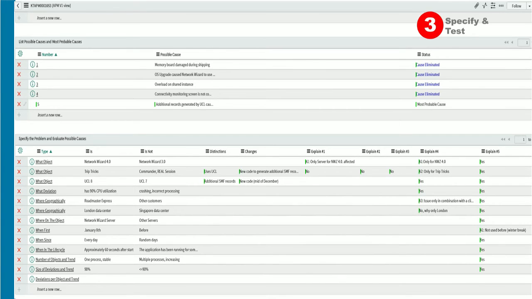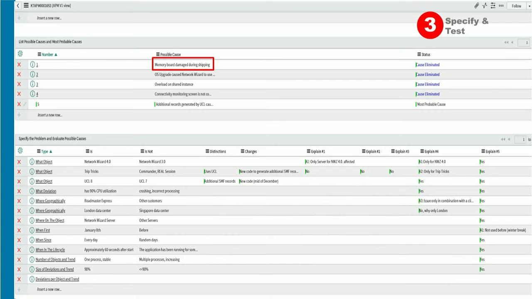Let us take an example and choose cause number 1, which is memory board damage during shipping. Now, memory board damage during shipping is the cause for the 90% CPU utilization of Network Wizard.